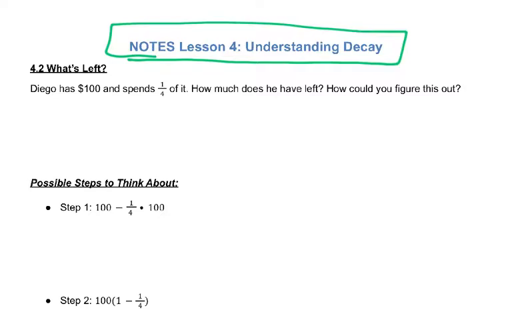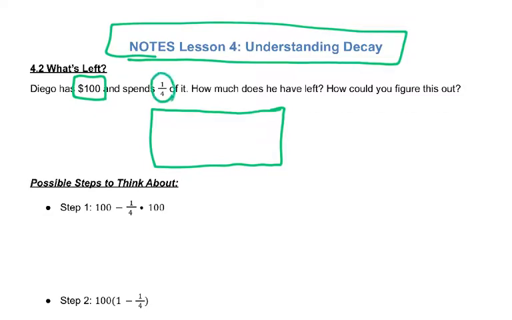So I want you to note that this $100 is represented by this big block. And because you've got a fraction that says the denominator is 4, that means I'm going to cut this block up into 4 pieces.